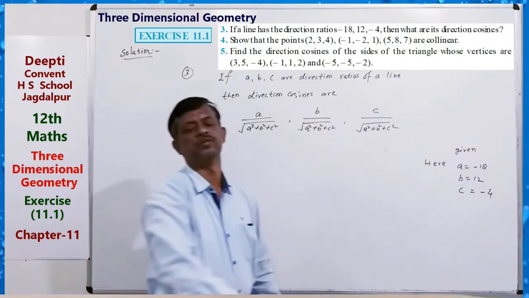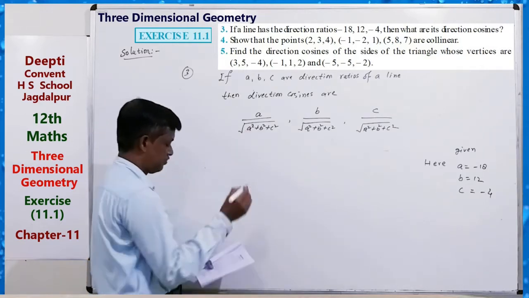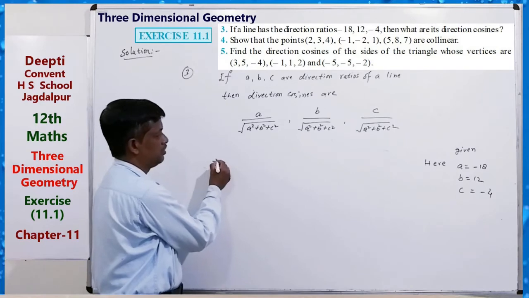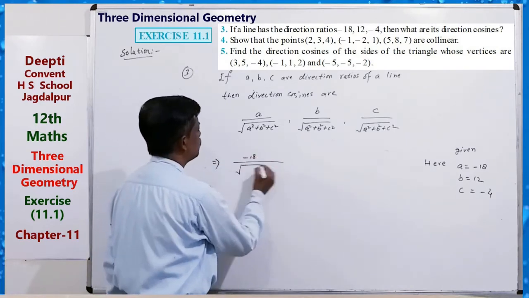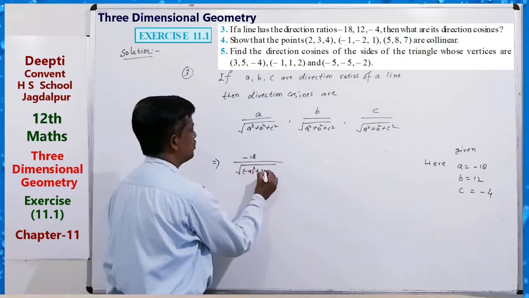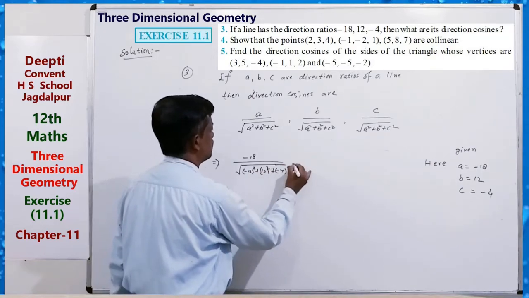Just use these values here. So we can get A means minus 18 upon root of minus 18 square plus 12 square plus minus 4 square, and so on.